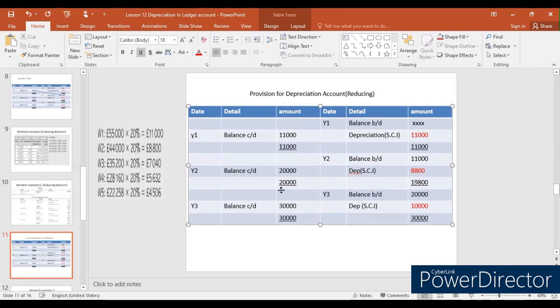The same figure will be on this side when you balance off. Now 19,800 and the balance will be how much? Not 20,000 according to this. It should be 19,800.